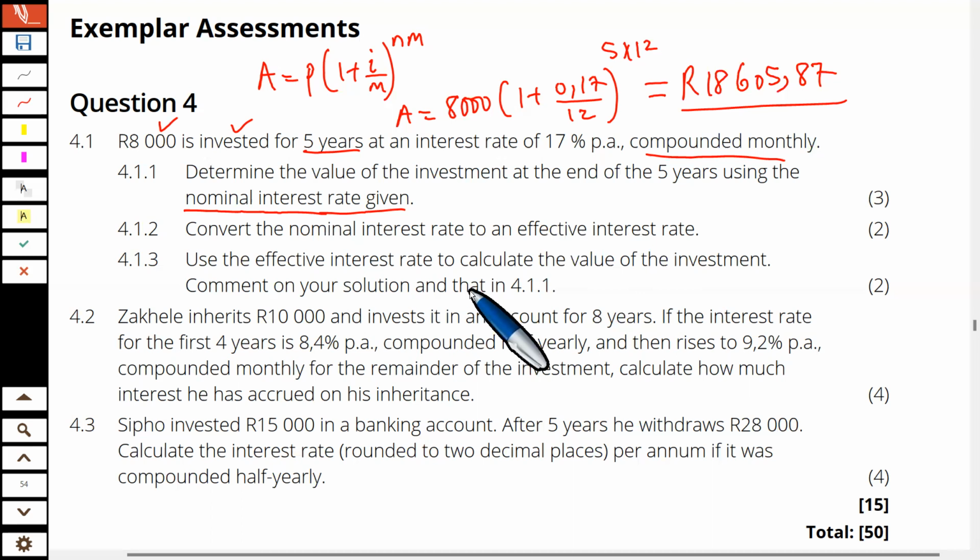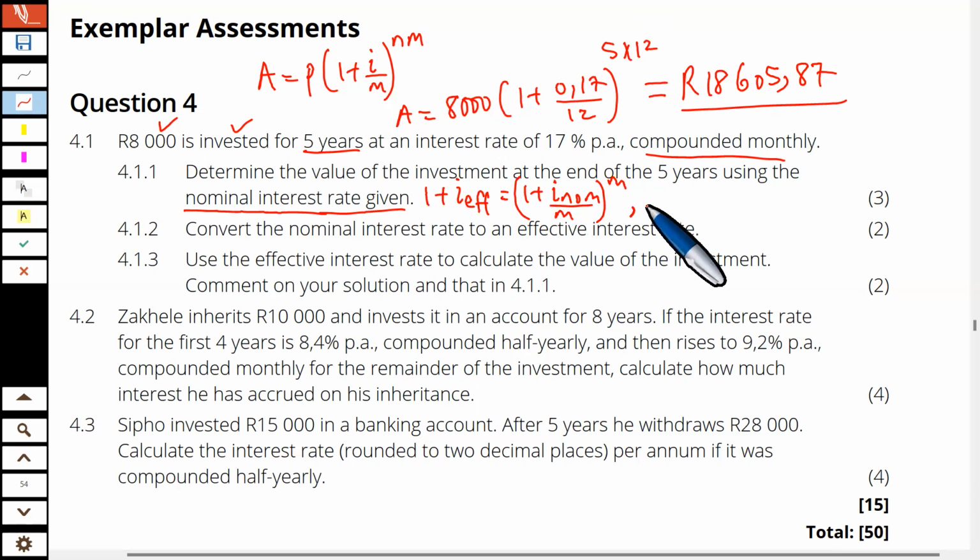So we have 1 plus R effective is 1 plus I nominal divided by M, to the power M. So this connects effective interest with the nominal interest.